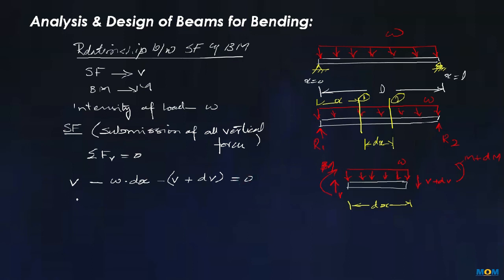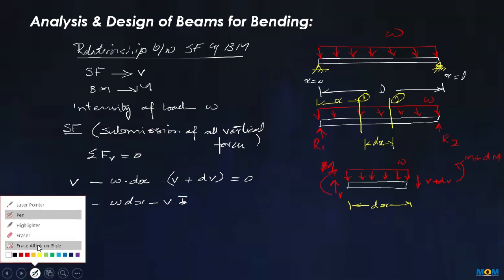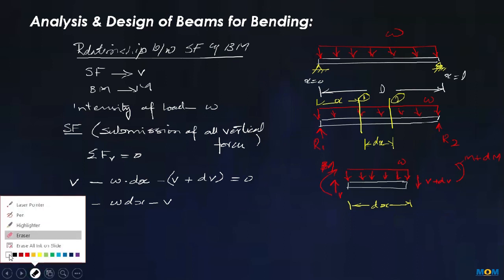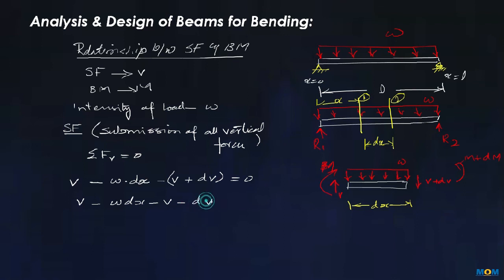After removing this bracket, we get V minus omega dx minus V minus dV. After cancelling this V, we are left with minus omega dx minus dV equal to 0, so dV upon dx is equal to minus omega.